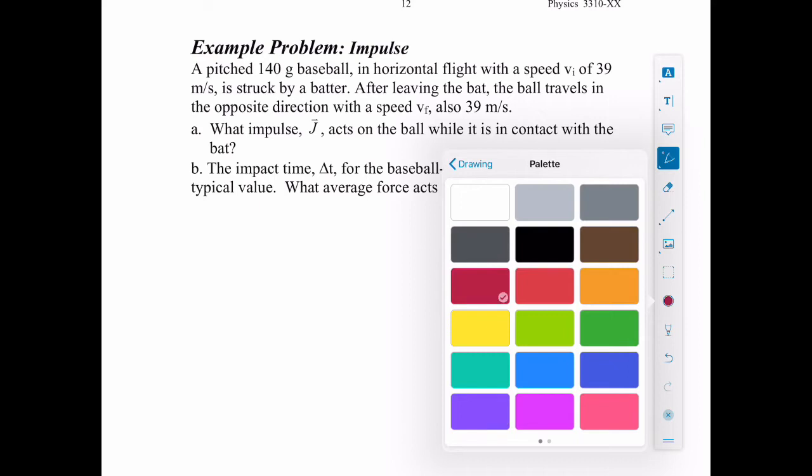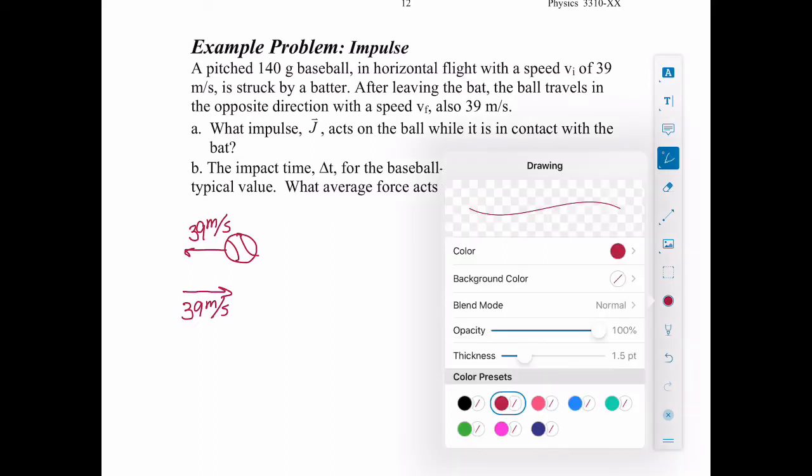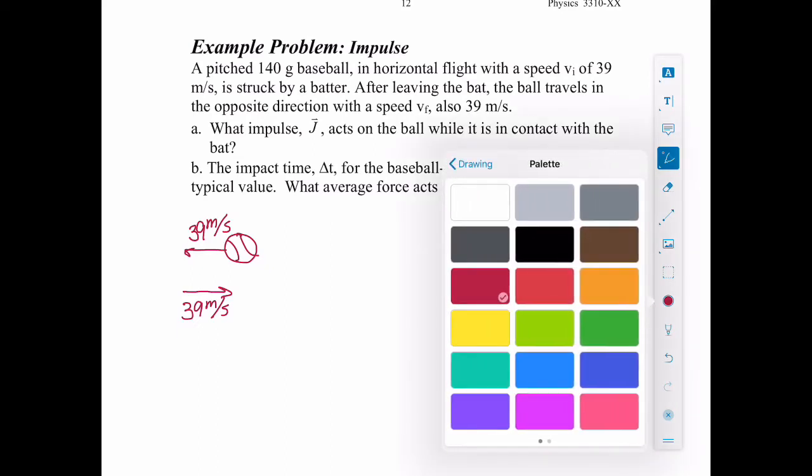I don't know why. Here's my baseball. It is going initially with 39 meters per second. Then it is struck by the bat and is going to leave the bat in the opposite direction, also with 39 meters per second. So we want to figure out a couple things. Part A, what is the impulse?